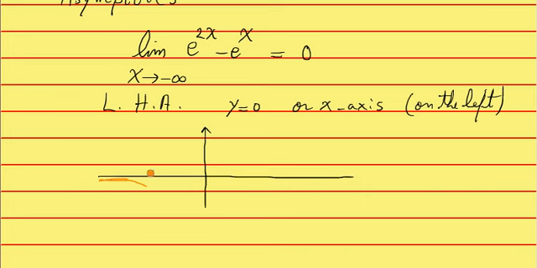If this argument was not understood, just experiment with your basic calculator. Put in some large negative numbers like minus 10, minus 100, or something like that. Minus 10 would be fine. It's going to give you a negative number. So that tells us we are approaching the asymptote. Let me write this down. We approach the x-axis from below.